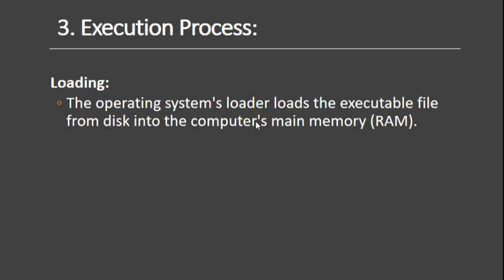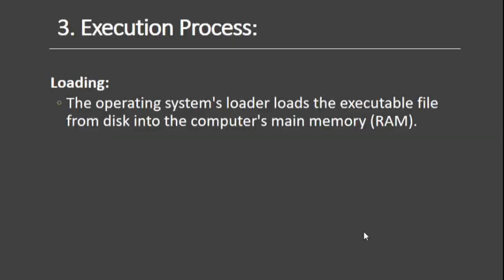The operating system loader loads the executable file from the disk into the computer's main memory, because the processor is going to execute the program from the RAM or main memory. Hence we need to load our executable file from where it is stored in the hard disk. The operating system uses the loader to bring the program from the hard disk or secondary memory into main memory, that is RAM. From there, the processor is going to execute it.